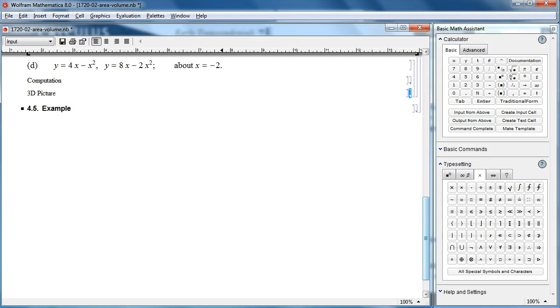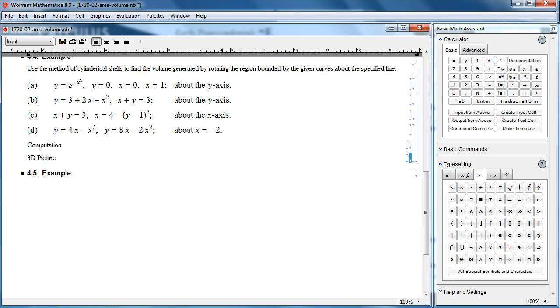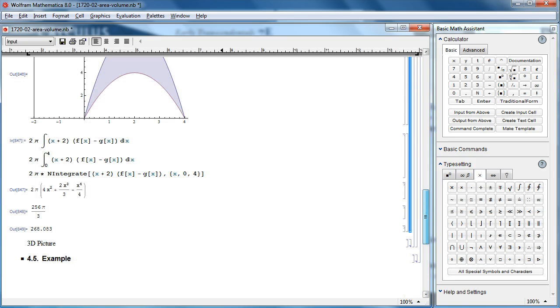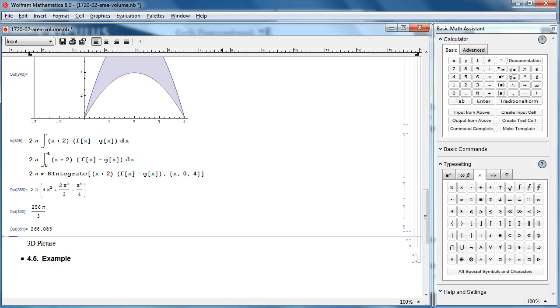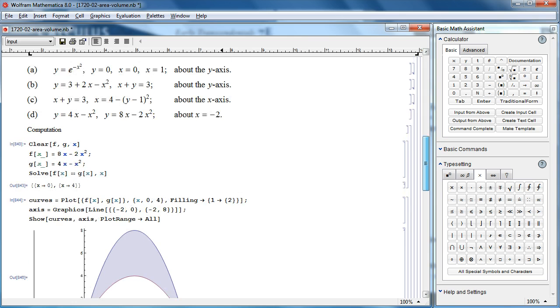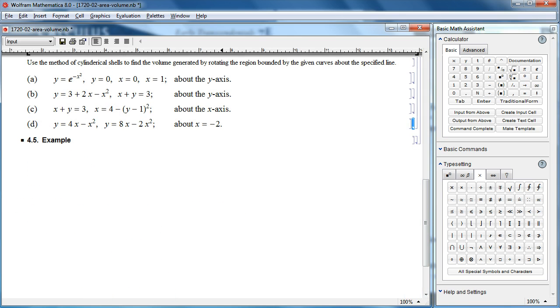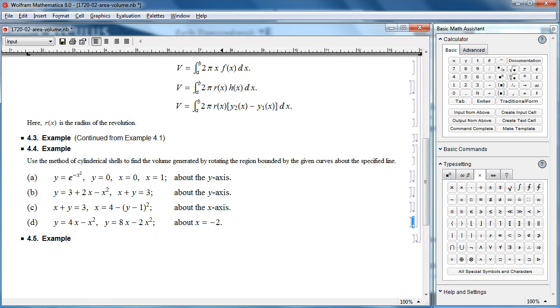So the radius r is x plus 2, and then you have f minus g, upper minus lower function, and then integrated, we're going to get this kind of computation. So 2 pi, this is the radius, and this is the height. Detailed computation is left to the students because that's just an elementary integral problem.